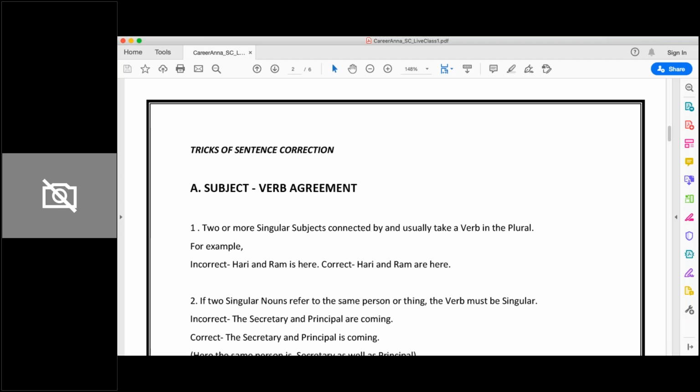Now, we understand what is subject, we understand what is verb. The first and foremost rule which we need to remember while solving any sentence correction question is that my subject and verb need to be in agreement with each other. Subject-verb agreement. This is the first thing which you will check in any sentence correction question.